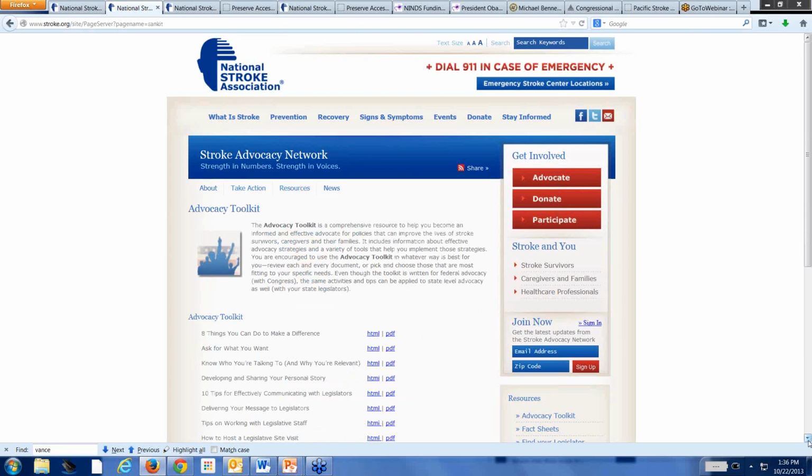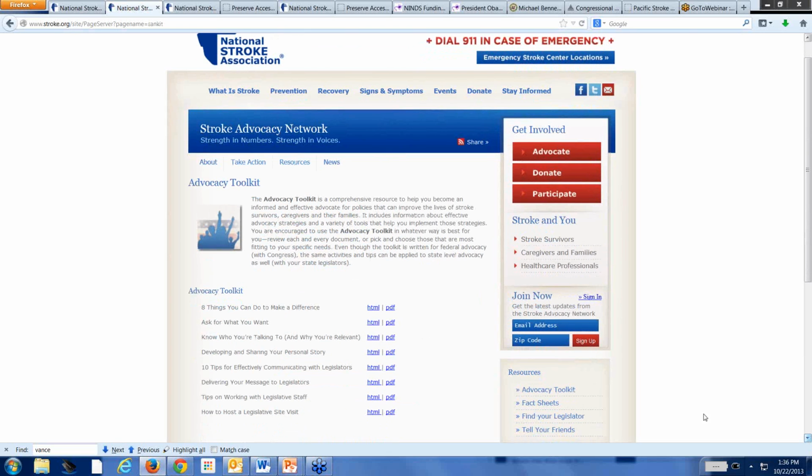And this toolkit has so many examples of some of the things that we're talking about that you will be able to find something on this page that will help you with putting together some of these materials that we've just discussed. So remember, if you want to do some of these things, don't feel overwhelmed. You've got your team at advocacy@stroke.org, and you've got this toolkit that will help you as well.